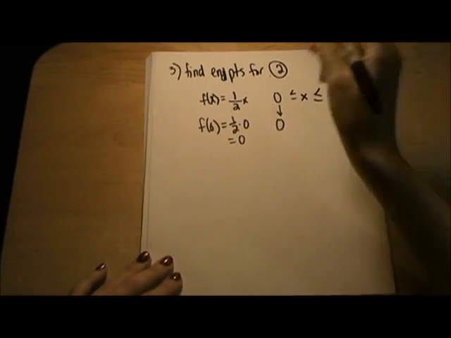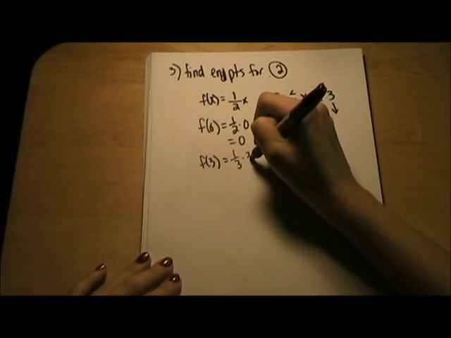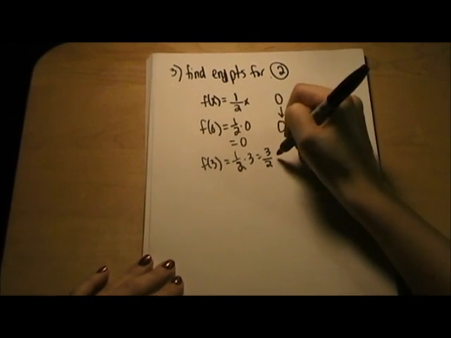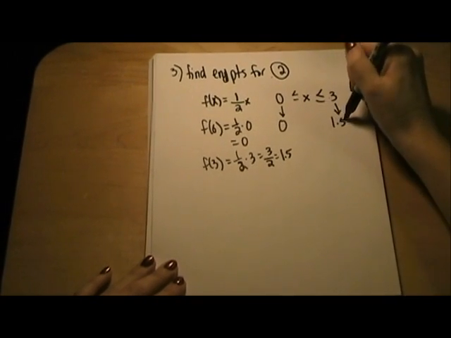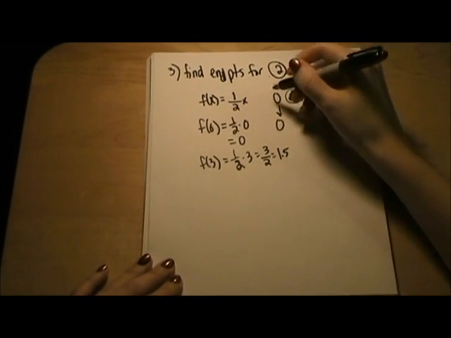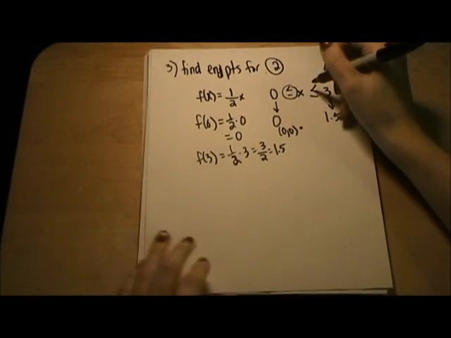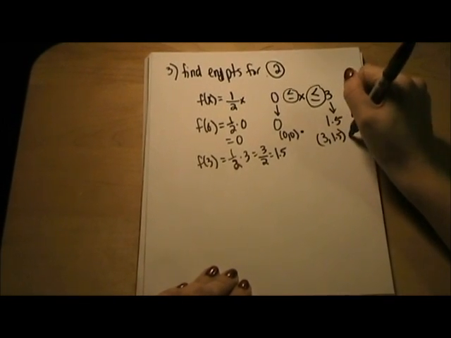And then 3, 1/2 times 3 is going to give us 3/2, which is 1.5. This means that the (0, 0) is going to be closed. This means that (3, 1.5) is also closed.